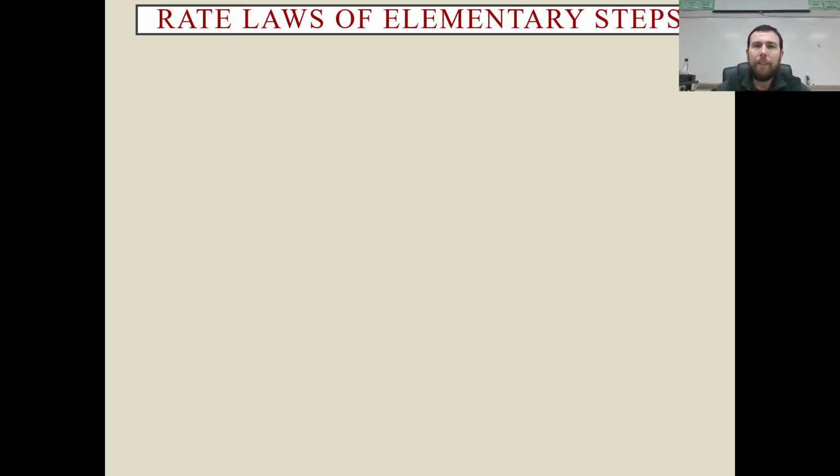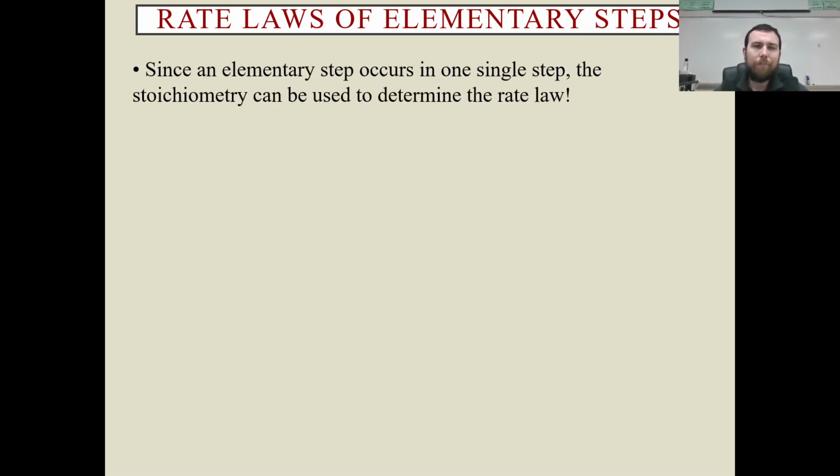All right, now let's take that information, understanding that we've got these different types of elementary steps. How would we determine rate laws from elementary steps? Right? Now, the nice thing about elementary steps is because we're assuming that this process occurs in one step, for that particular step of the reaction, the rate of it is going to depend on how this step takes place.